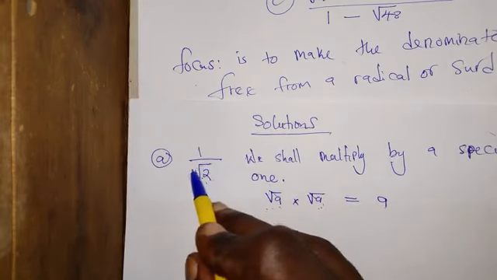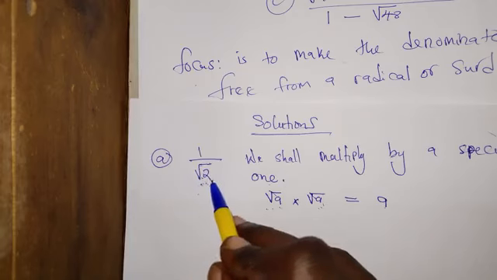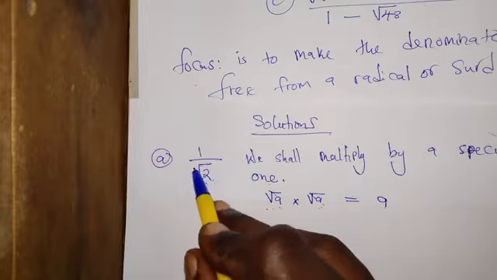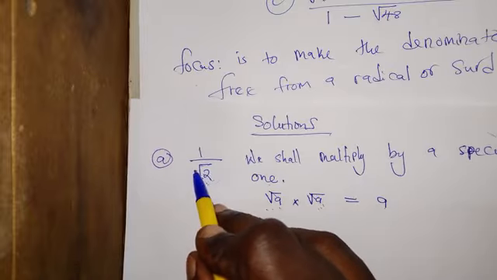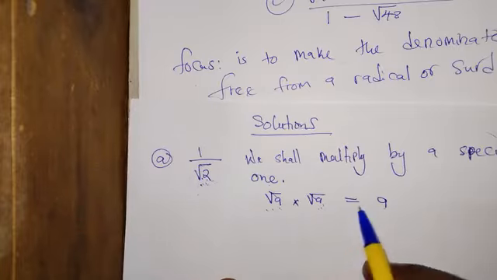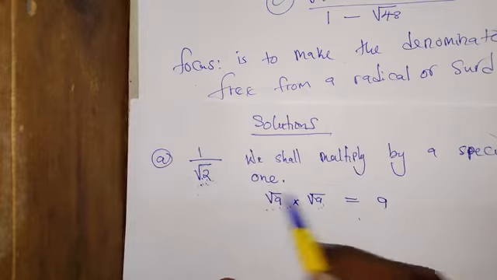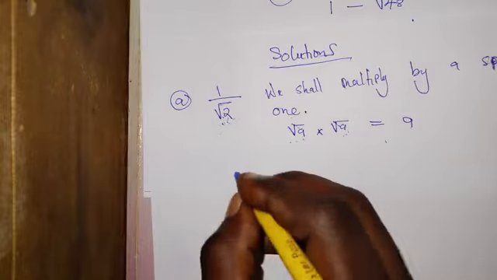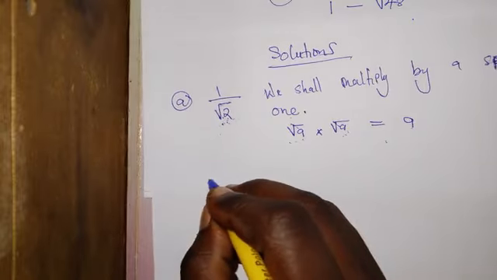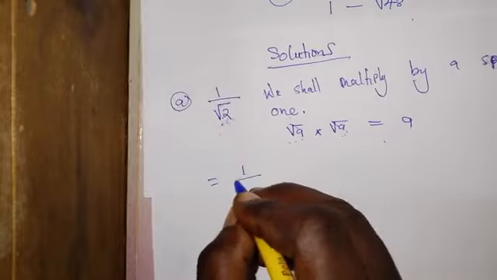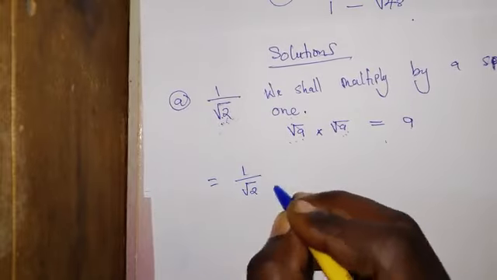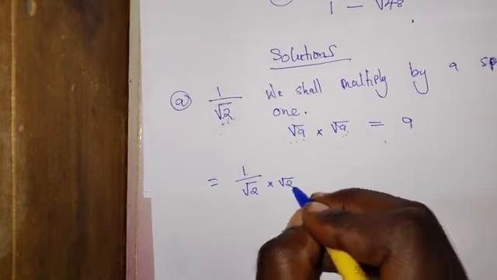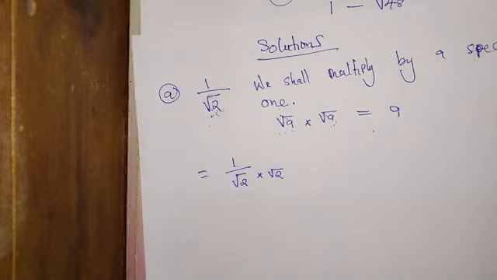Investigate what you're deleting. This is root 2, and the only way for this radical to be deleted is to multiply according to this property. So I need to multiply the denominator by root 2.